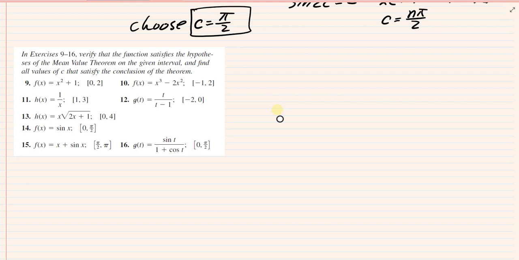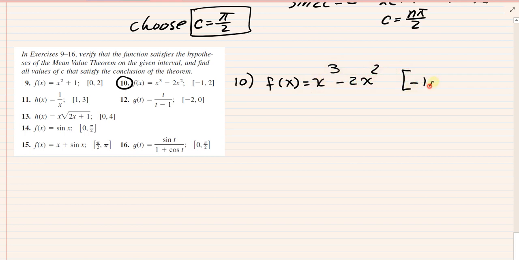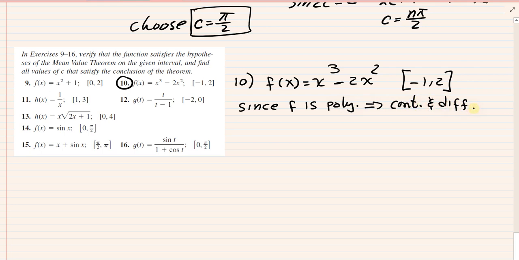And let's take a look at, for instance, number 10. So in exercise number 10, the function f of x is equal to x cubed minus 2x squared. The interval is from negative 1 to 2. Now f is a polynomial again, right? And so I'm just going to say, since f is a polynomial, therefore it will be continuous and differentiable.